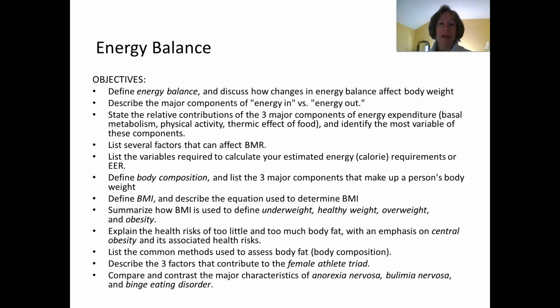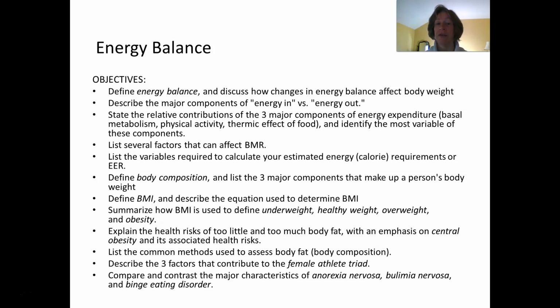How does our body deal with or burn those calories or expend those calories? So that's the relative contribution of the three major components of energy expenditure. So energy out is due to basal metabolism. Have a definition of that in your head. It's also due to physical activity.